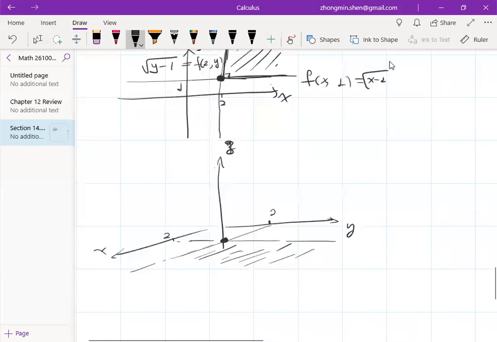I believe it's going to be like this, above the line, above the horizontal line, x equals 2, right? And the same here. It's like that, along this line.